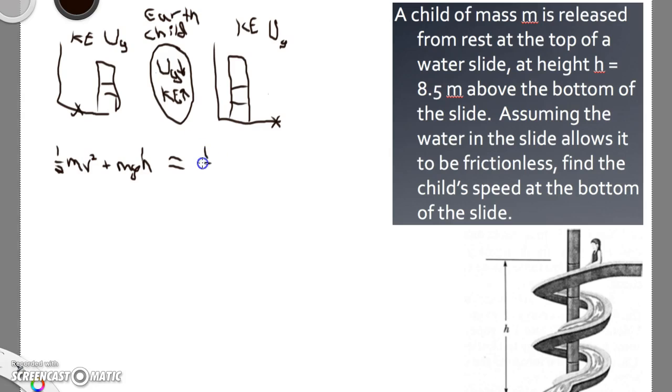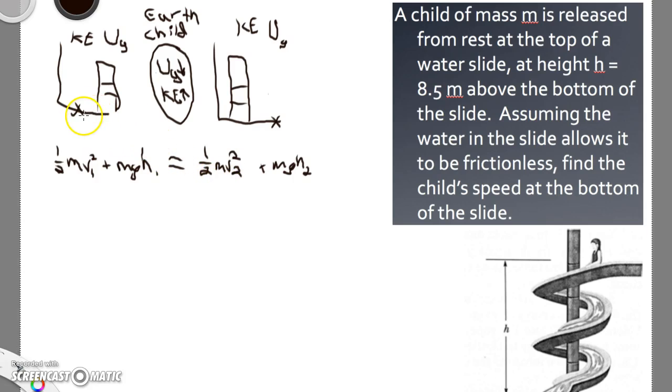On the other side, 1/2 mv squared for kinetic energy, and then mgh for potential, and we'll call this h1, we'll call this h2, we'll call this v1, and this v2.